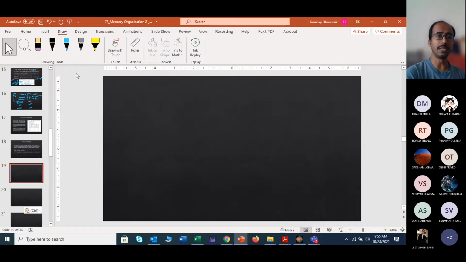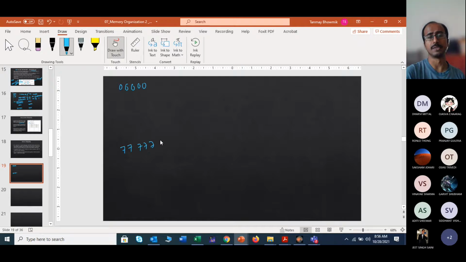Think about your main memory address varying from 00000 up to 77777, right? This is your main memory address, where you have stored some data. Now in your cache memory, how many address lines are there? 3 digits, that means 512 lines, as we took in the example. That means this address can vary from 000 to 777.